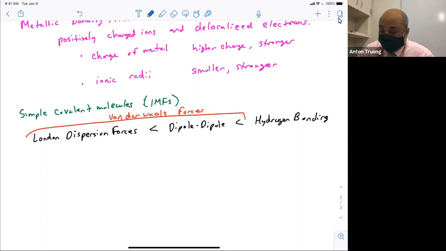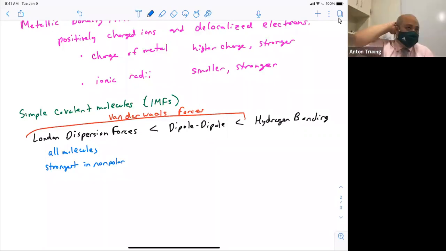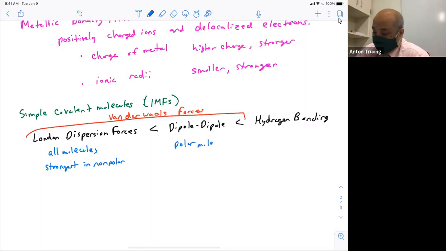So London dispersion forces happen in all molecules, but they're the strongest in nonpolar molecules. Molecules that have some form of symmetry or the same terminal atoms completely around the outside. Dipole-dipole happens in polar molecules. So any molecule that has somewhat of polarity, there is dipole-dipole existing.